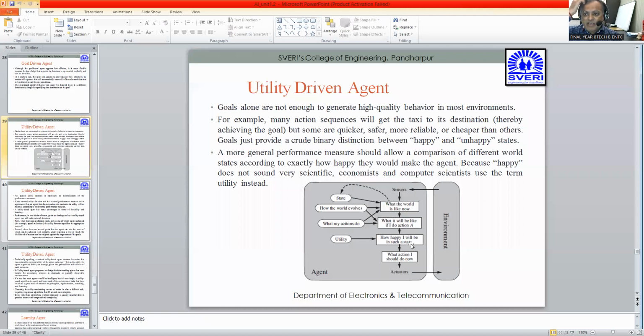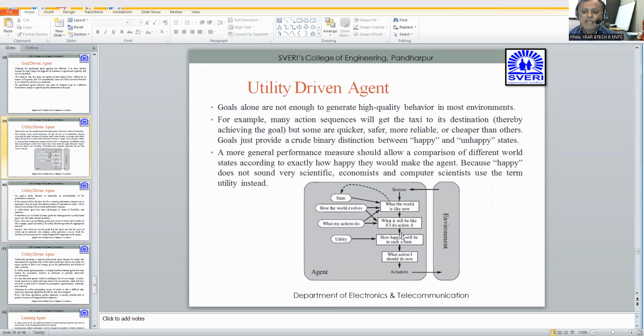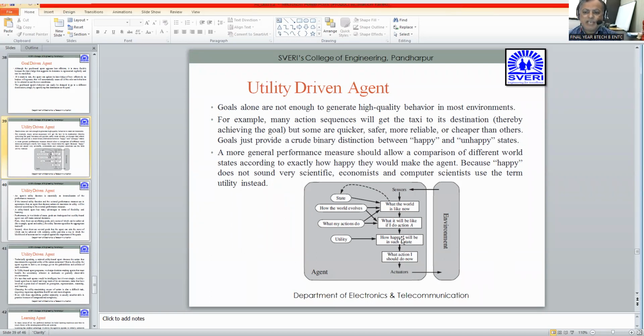That if I take this action, how happy am I, right? So one more element is being added there. So what it will be like if I do action A, then if action A is taken, how happy I will be in such a state. That is nothing but utility, and based on that, what action I should do now.